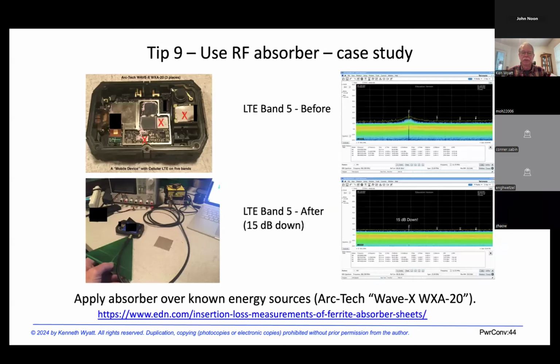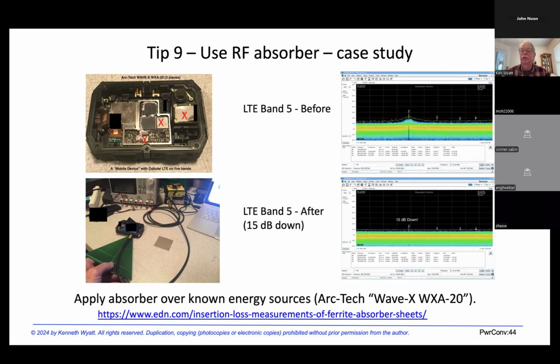And here's the results. In this case, we were concerned with the cellular reception. And you can see in the upper right, there's a strong video signal or video harmonic, along with some narrowband harmonics that are a little bit hard to see in that picture.